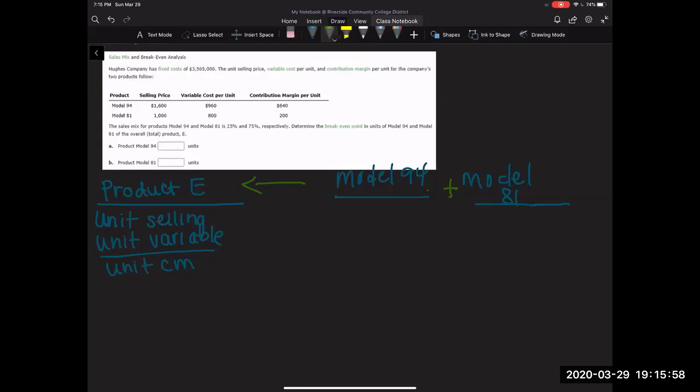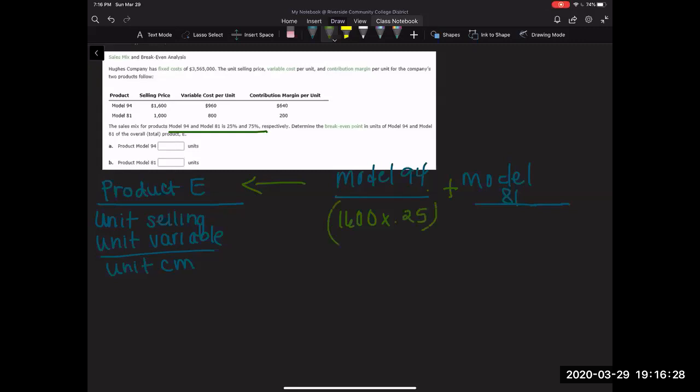It says that for model 94, the selling price is $1,600. Then we need to multiply that times the sales mix. As you read through the problem, the sales mix for model number 94 and 81 is 25% and 75%, respectively. So we take this $1,600 selling price times the 25%.